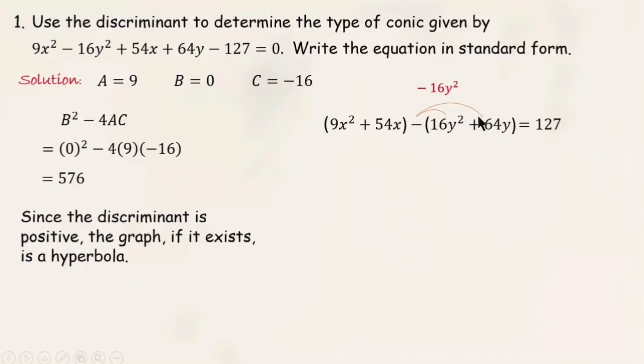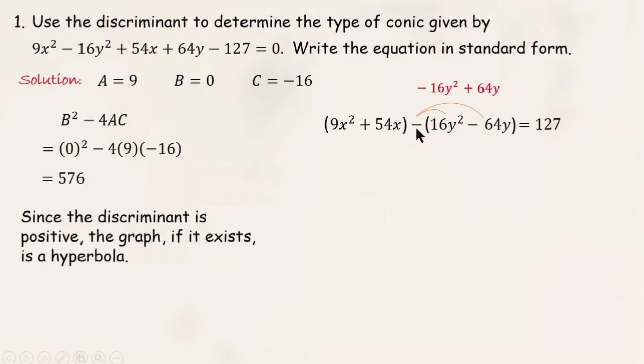And negative times positive 64y will become negative 64y, which is not the same sign as in the given equation. Thus, we change the sign here from positive to negative to make the equation right. This will now become positive 64y, which now has the same sign as the given equation. So we need to be extra careful with the sign if the operation is subtraction.